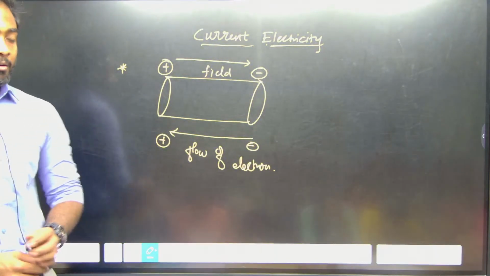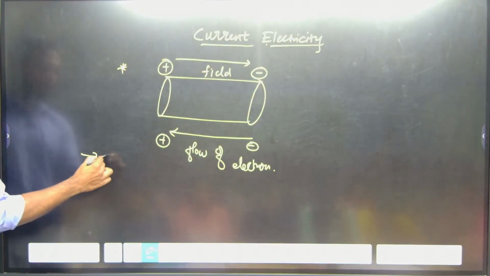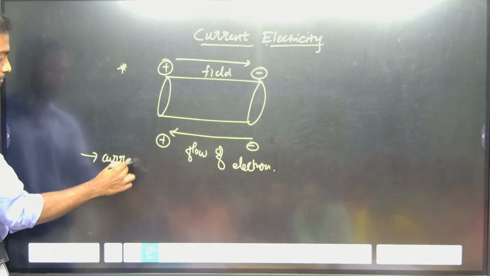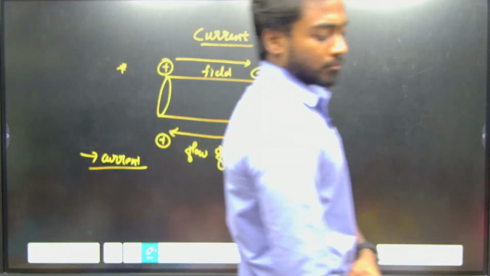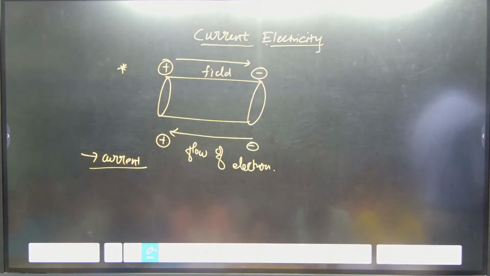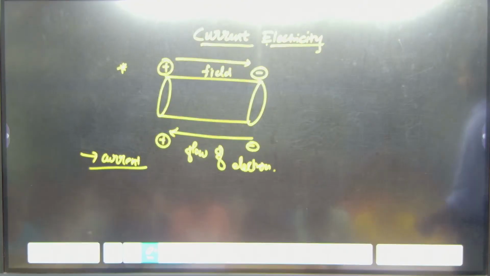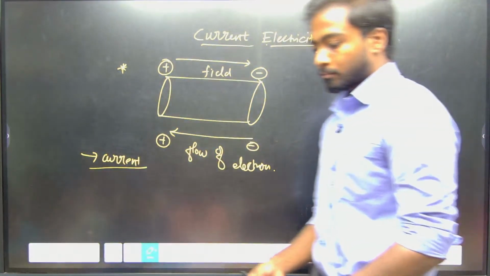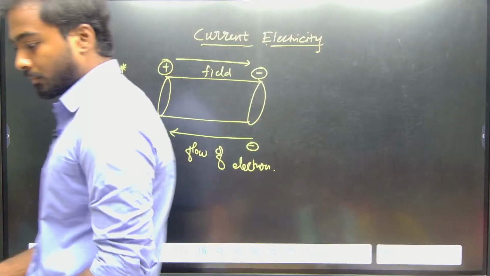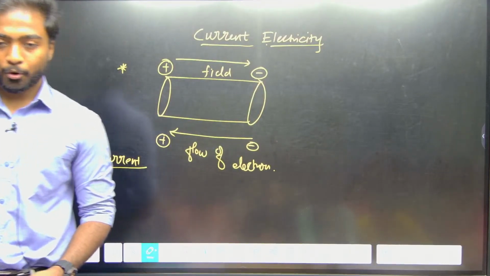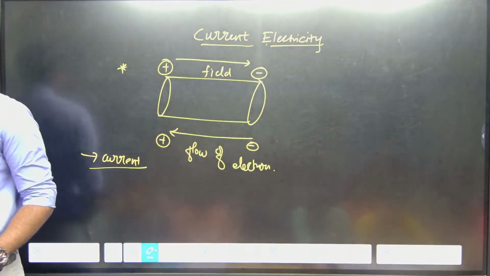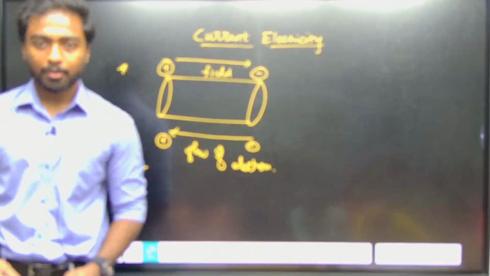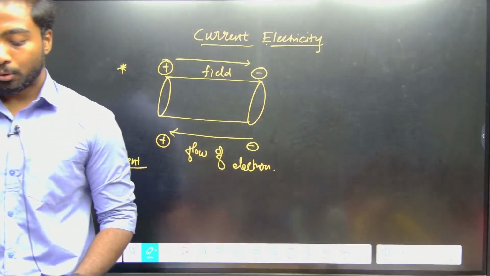Okay, write down the subheading: current. First point, current is the rate of flow of charge.